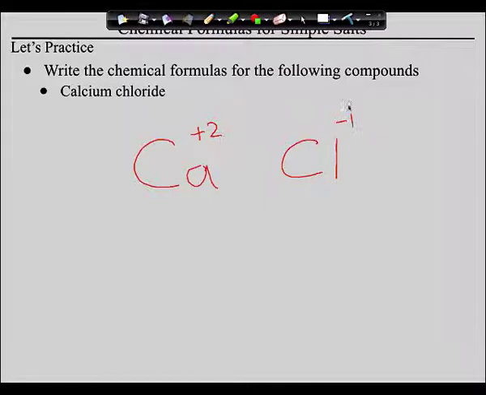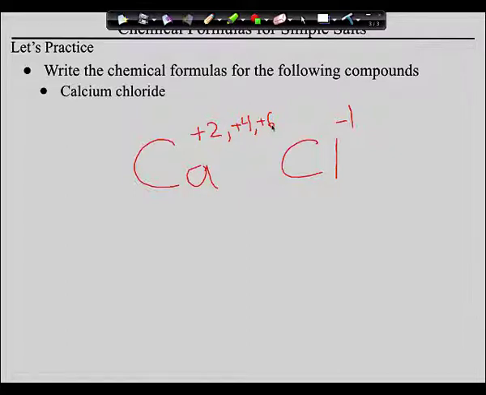Now, here's what you're going to do. And guys, watch close as I do this, because this is the conceptual part. We have now got to figure out how to make the +2 calciums balance out the -1 chlorines. So how do you do that? The answer is the least common multiple. Write down the multiples of +2: +2, +4, +6.